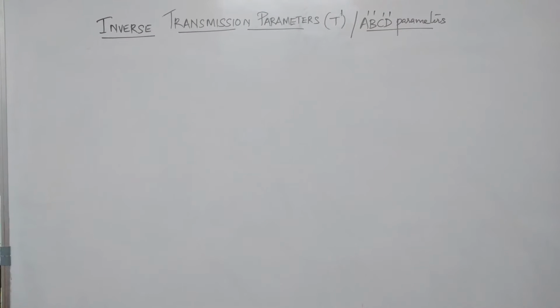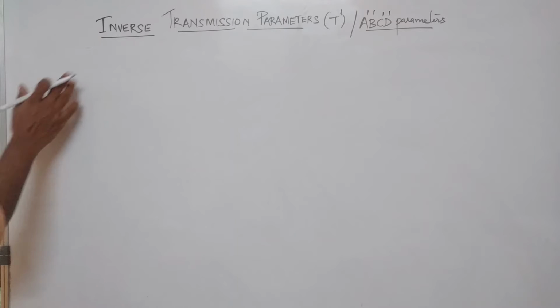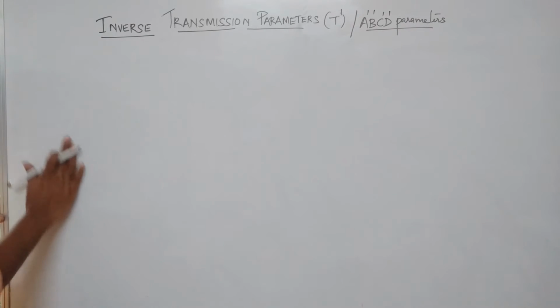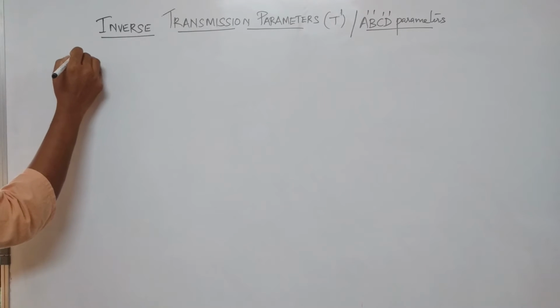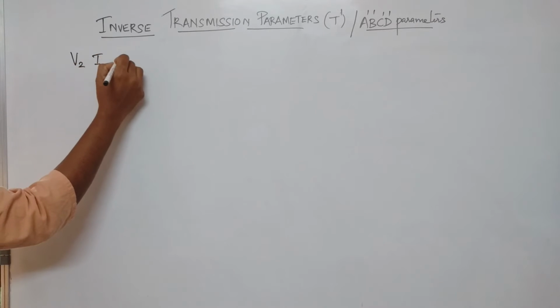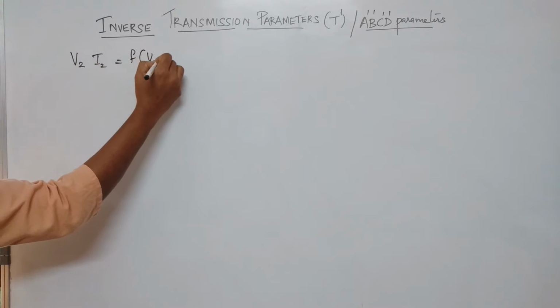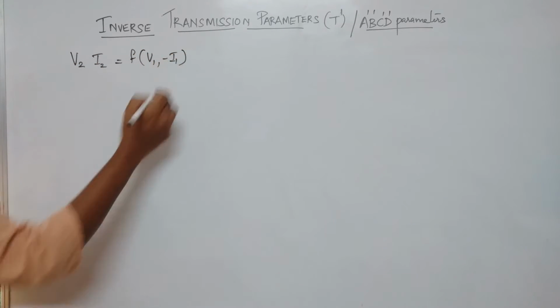Next is inverse transmission parameters, or T dash parameters, otherwise called A dash, B dash, C dash, D dash parameters. It's just the converse of transmission parameters. Here V2 and I2 are expressed as a function of V1 and minus I1.